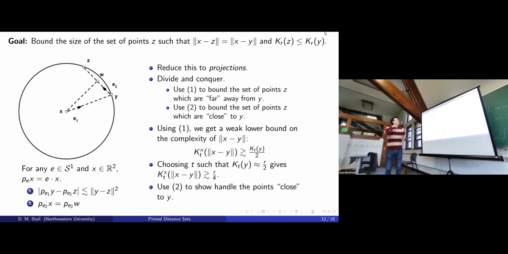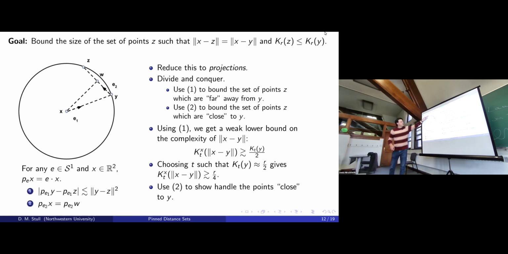The reason projections actually come into play here, there are two reasons. Suppose that Z is a point on this circle, so its distance from x is the same as the distance of y from x.